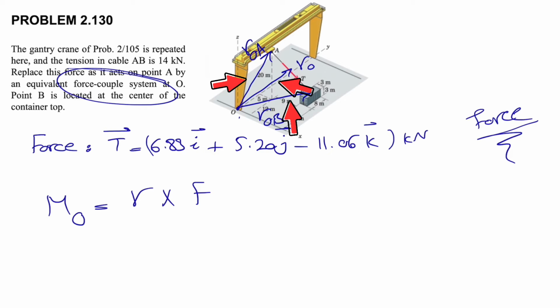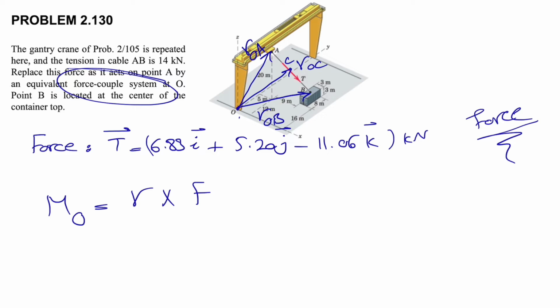Is it the vector that connects O to A, which we call our OA, or the vector that connects our point O to B, or it's something in between?